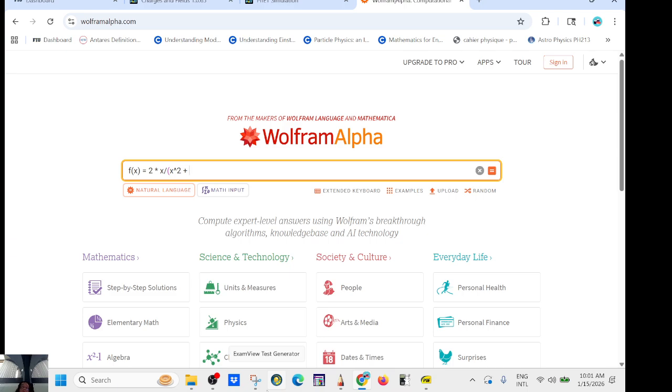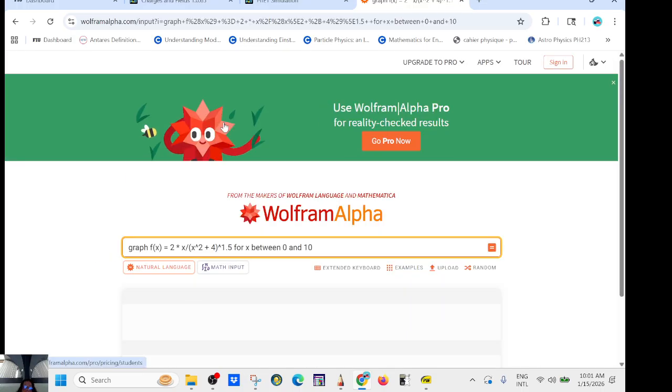I'm going to say A equals 2, because you have to come up with something. You cannot put an A here. So 2 squared is 4, and here I'm going to put graph. And here you have 1.5, agree? Let's not forget the 1.5. For X between 0 and 10.